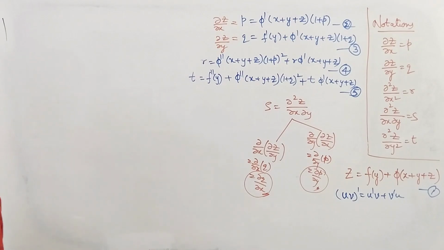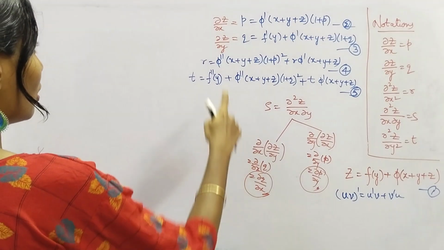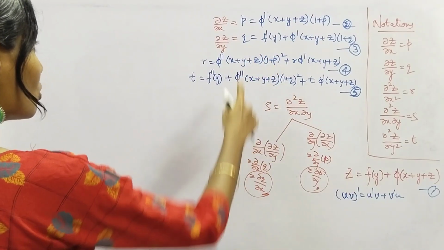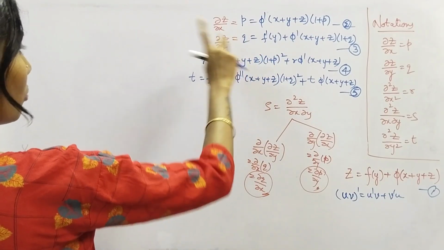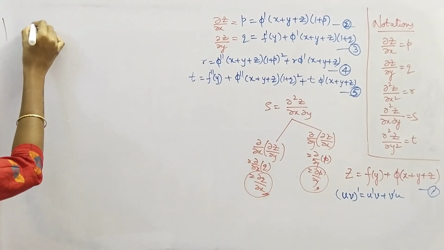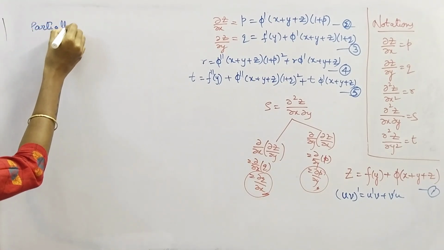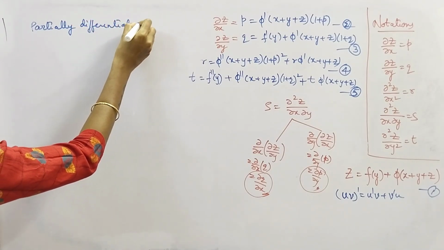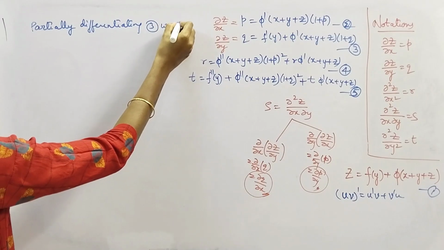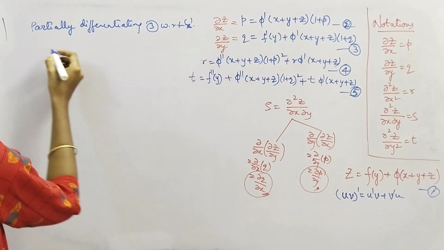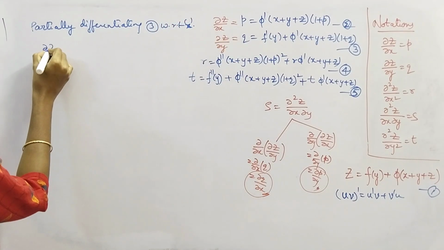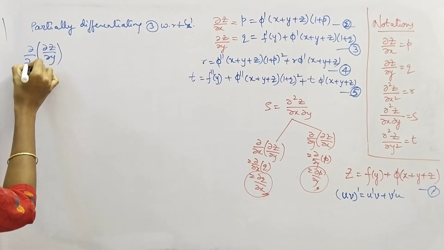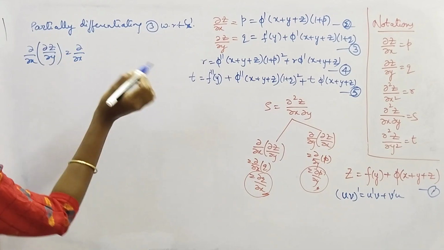Here we have to partially differentiate equation 3 with respect to x. So instead of taking q, I'll write dou z by dou y, and take dou by dou x on both sides of equation 3.